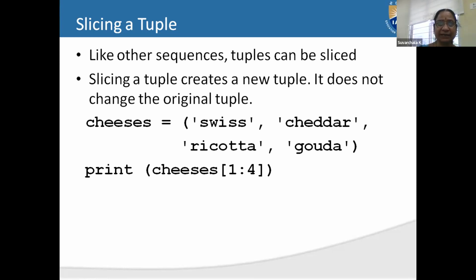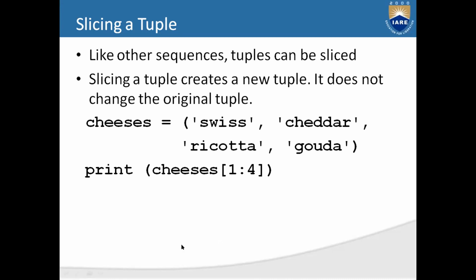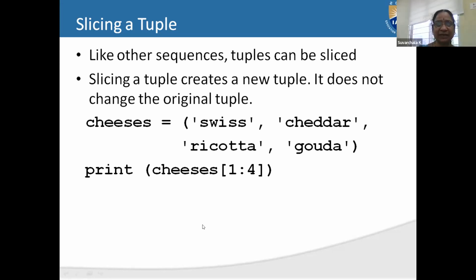Similarly, we discussed negative indexing with the list, do you remember? Yes. So the same negative indices we discussed with the list are also possible with tuples. Clear? And we discussed slicing.